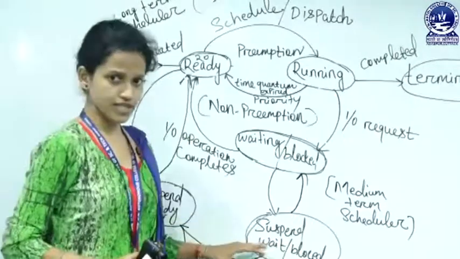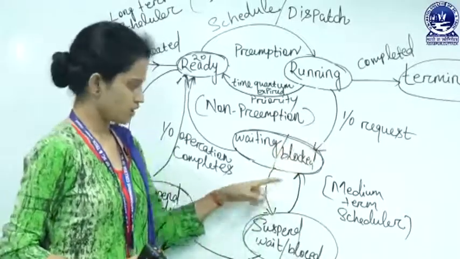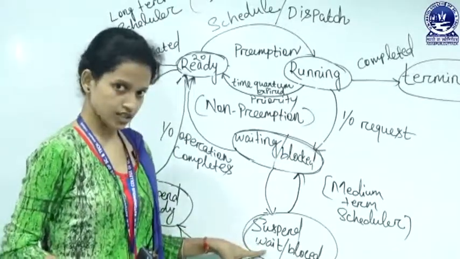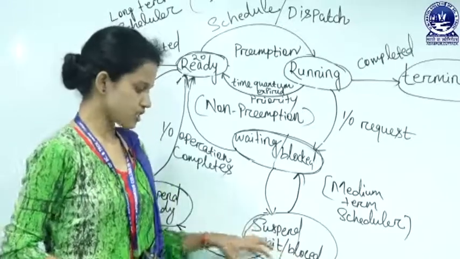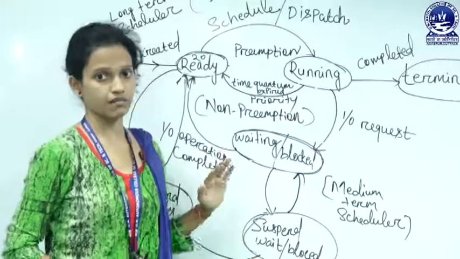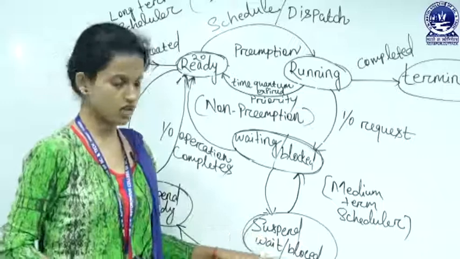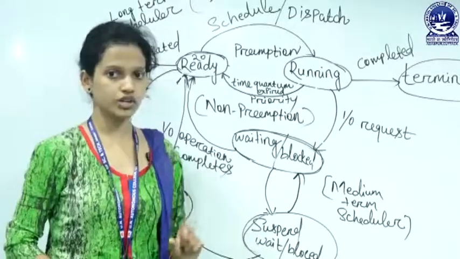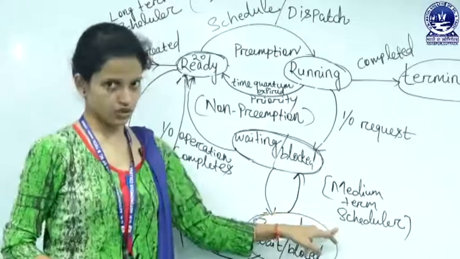The process which is suspended by the operating system to the suspend wait state is not there for a long time, and it is not there for a short time either. So, that is why it is called the medium term scheduler.